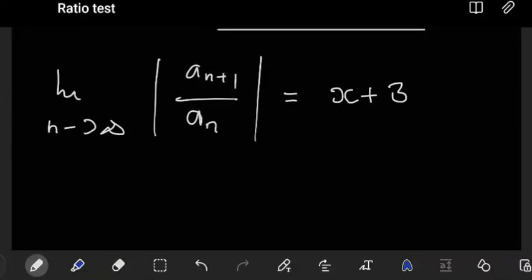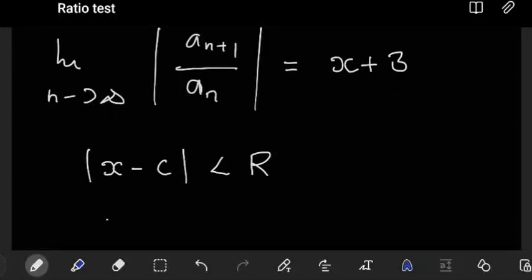Now, to test convergence, or to literally get the radius of convergence, we have to remember the definition of the radius of convergence. It says that if you have x minus some term c here, where c is the center of the series, when this is less than r, then r here will become the radius of convergence.